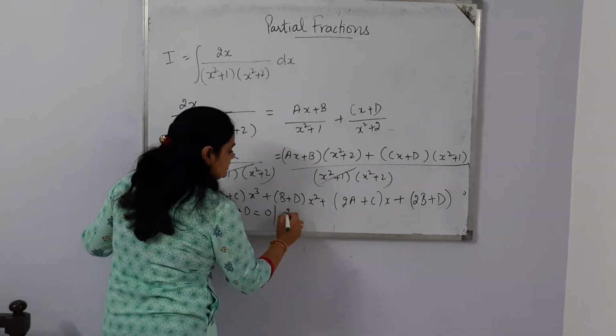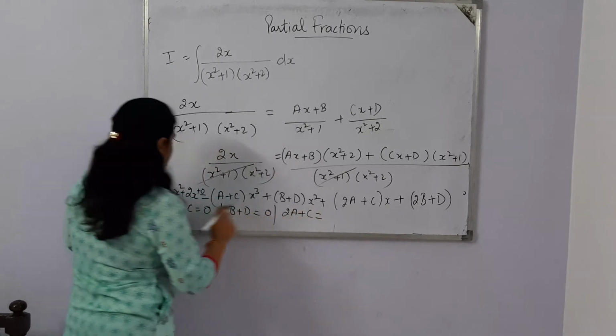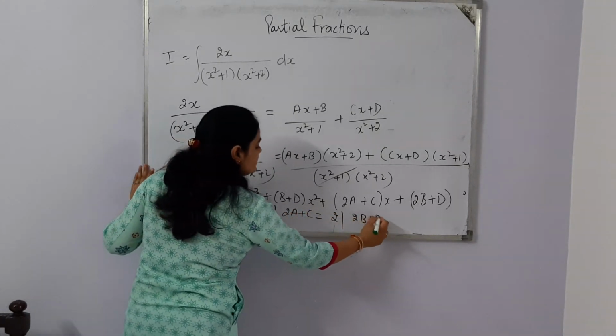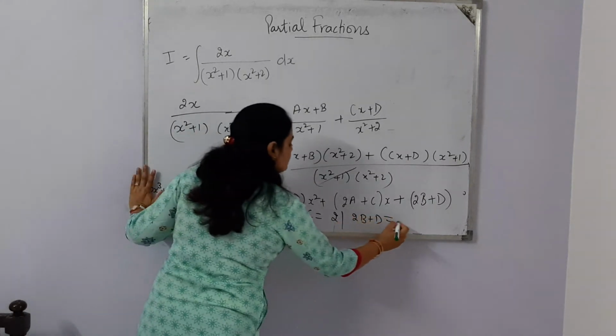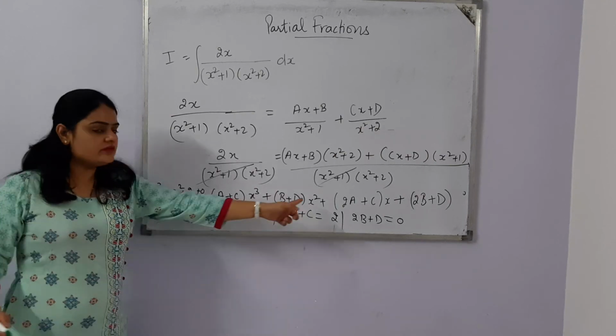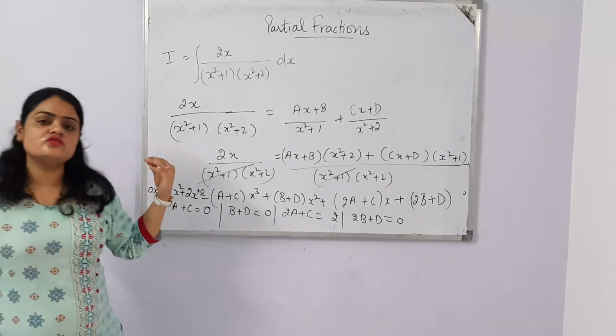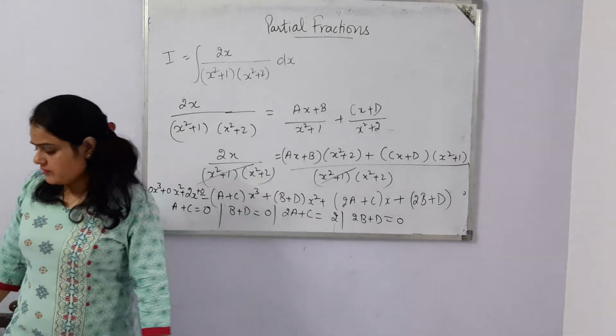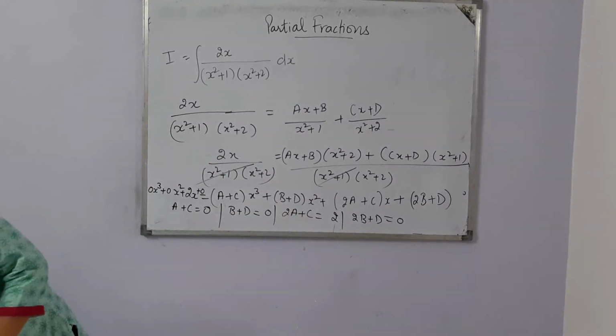Here the x coefficient is 2a plus c, and here the x coefficient is 2, and the constant is 2b plus d, which equals 0. Now we have two equations with a and c and two equations with b and d. You can use substitution, elimination, or any criteria, and get the values of a, b, c and d.